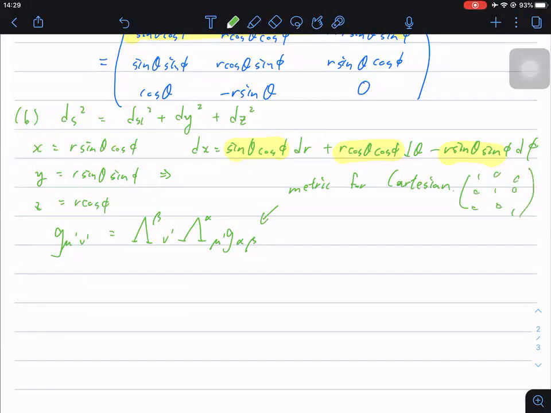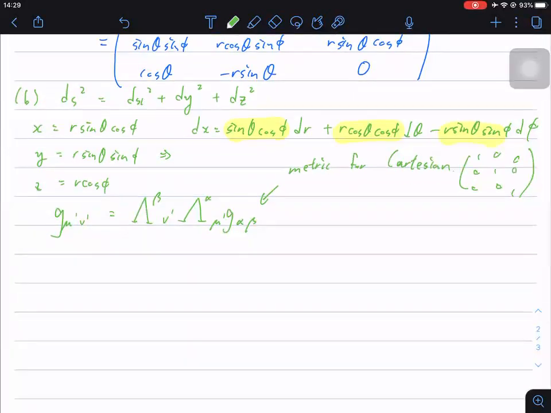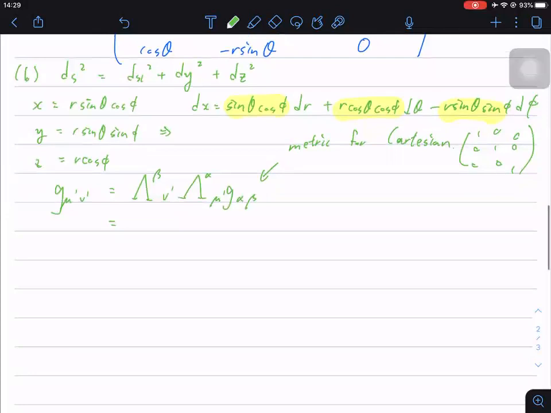Okay. So let me write down the full summation for you. So we now have, because alpha and beta are dummy variables, we now have to sum over alpha and beta. Does the order of the metric and transformation matrix matter?